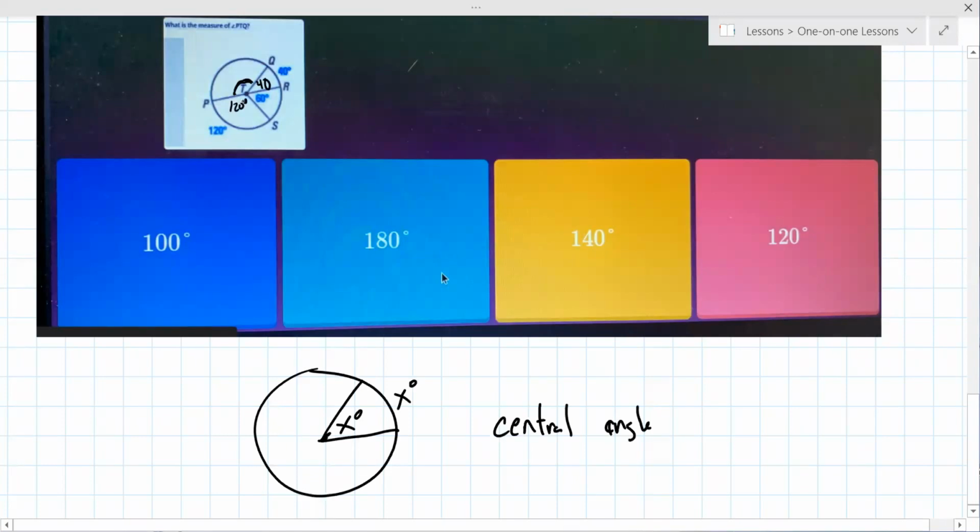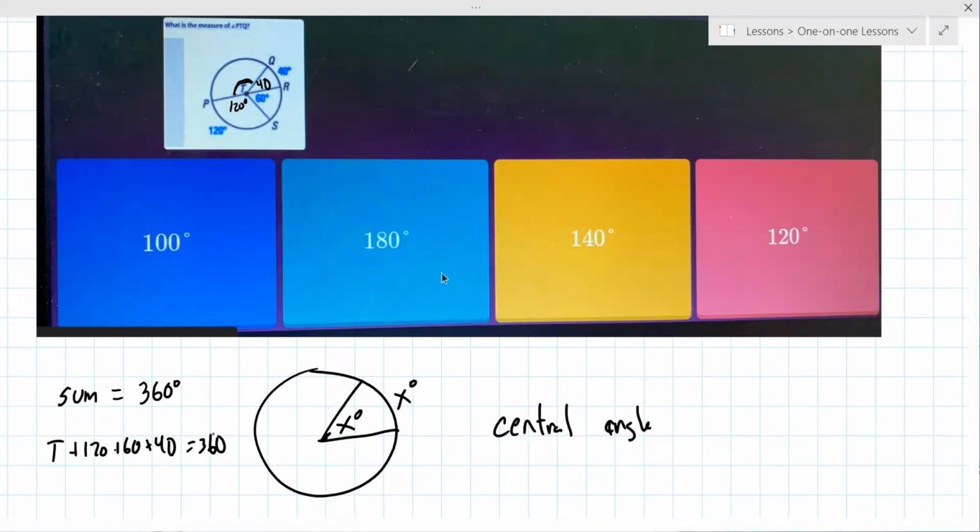Now the sum of the measures of the angles has to equal 360. Okay, so we have 3 of the 4, so I'll just call it T. T plus 120 plus 60 plus 40 has to equal 360. Go ahead and solve that for T, please. Can you scroll down, please, just a little bit?